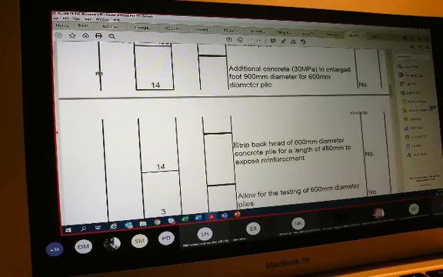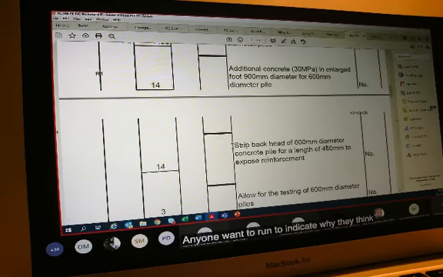And we indicate that we strip back the head of the 600 millimeter diameter concrete pile for a length of 400 to expose the reinforcement. Now, why do you think we need to expose the reinforcement?